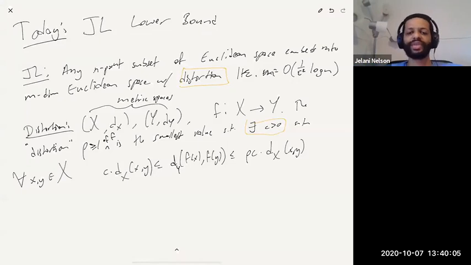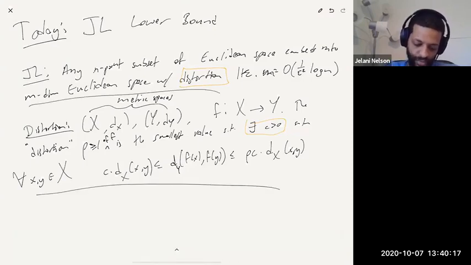So you could ask the question: JL gets this distortion 1 plus epsilon with target dimension 1 over epsilon squared log n. Is that the best possible? Is the JL lemma the best possible?